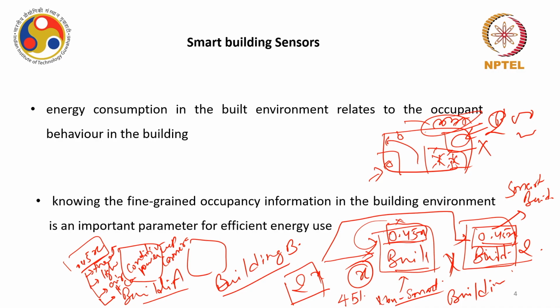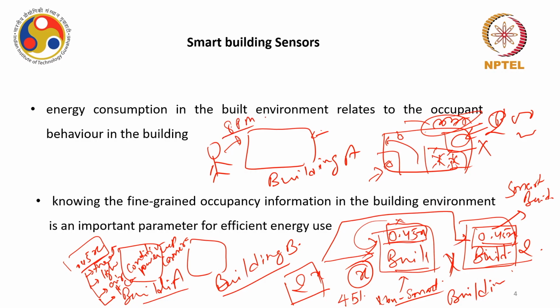Like, if it is a smart building, say there is one occupant, I am talking about this building A. Say he is coming into this house at some time, say at 8 p.m., and he watches television, which consumes around say 0.01x of energy.